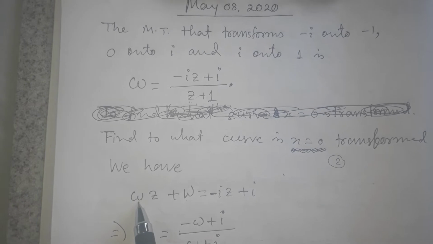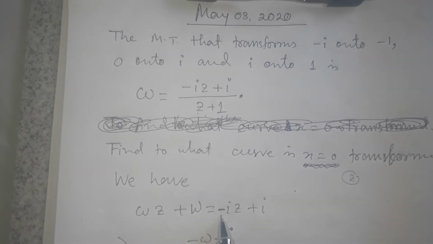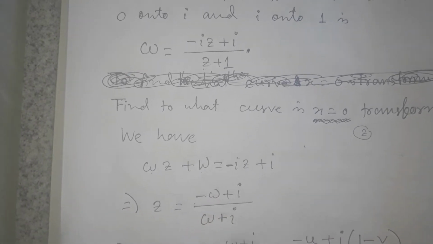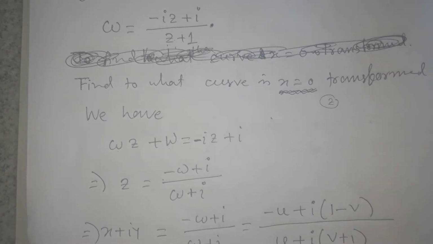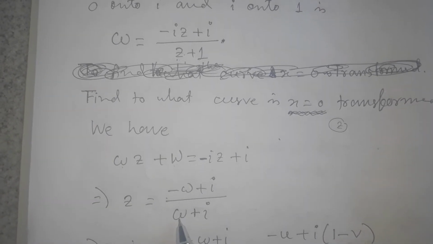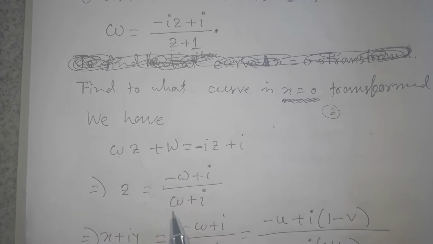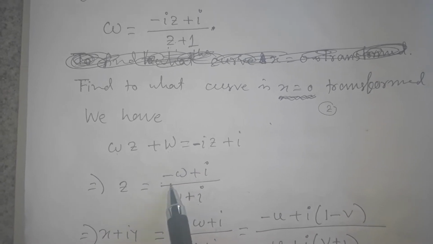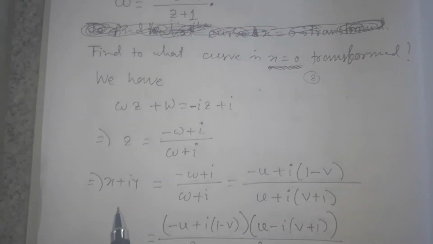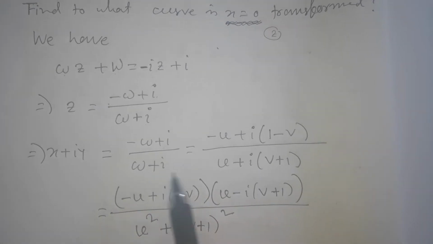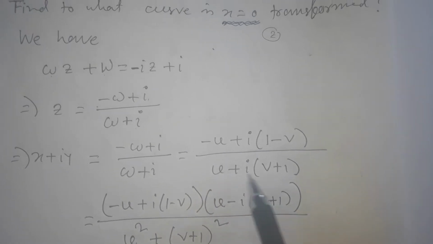So we have wz plus w equal to minus iz plus i, and z equals w plus i over minus w plus i. So x plus iy equals this, and we write it in real and imaginary parts.